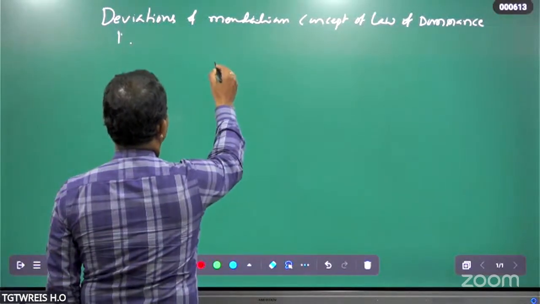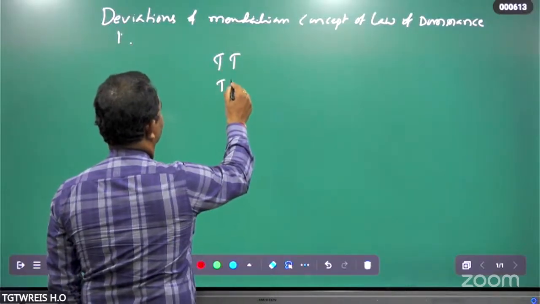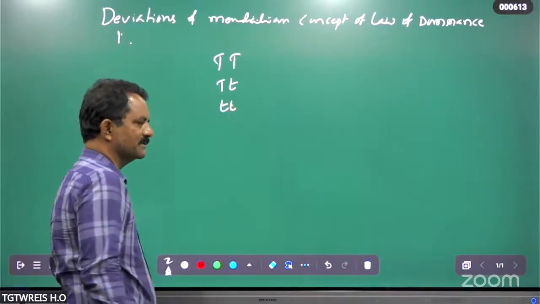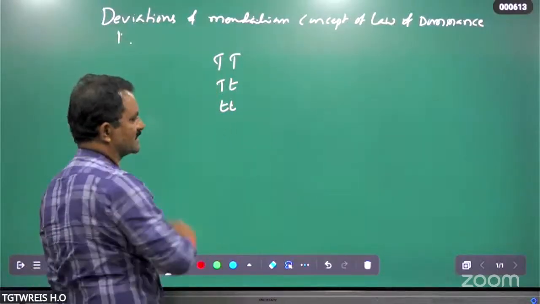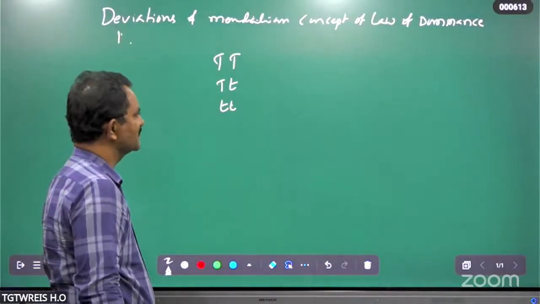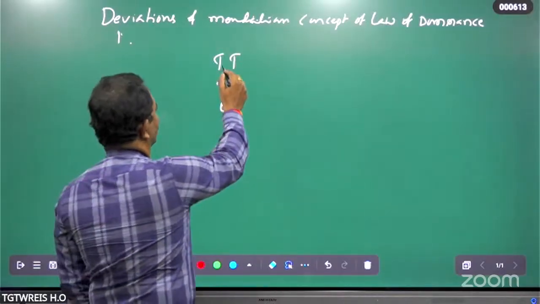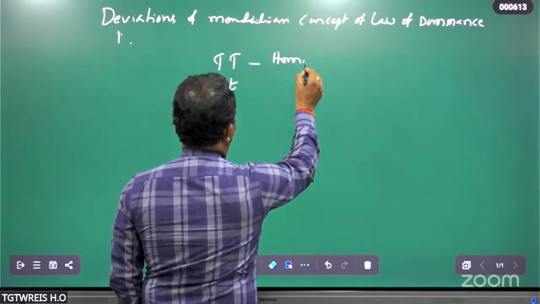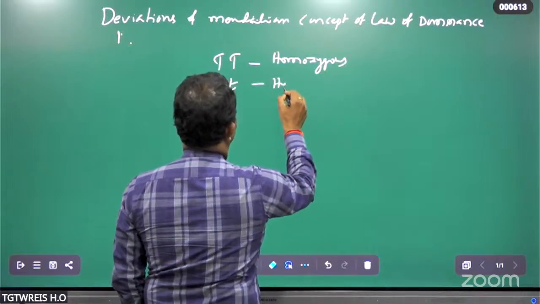Each character has two alleles: capital T, otherwise small t. These are a pair of alleles which represent the same character but are contrasting traits. When both are capital T, it is homozygous. This is the heterozygous condition.